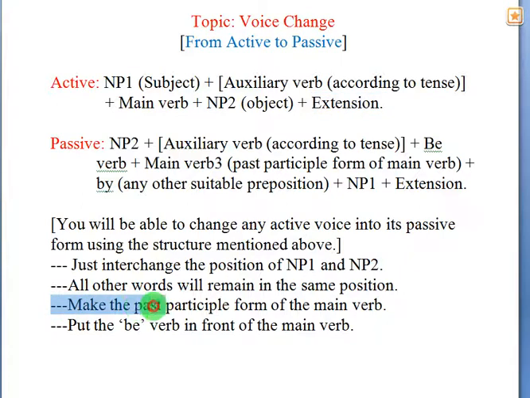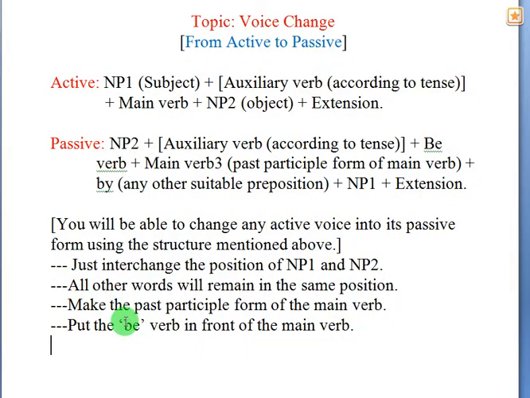Then you will have to make the past participle form of the main verb. Next, you will have to put the be verb in front of the main verb. The additional be verb will take its position before the main verb.